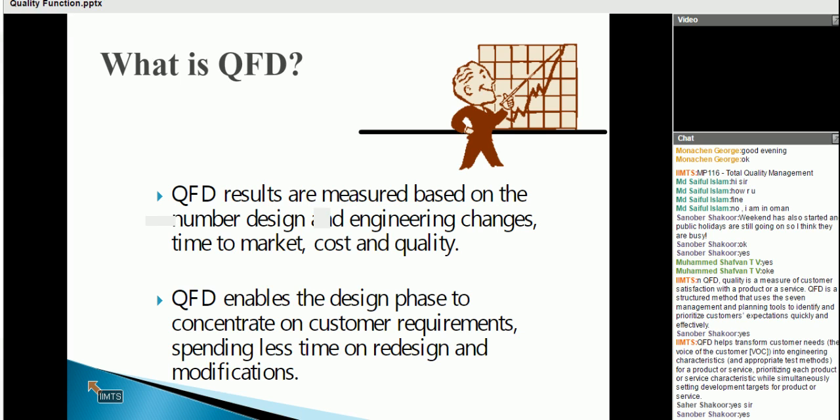QFD enables the design phase to concentrate on customer requirements, spending less time on redesign and modification. So they are trying to say that this process is so thorough that no redesigning or modification is required once it is done.